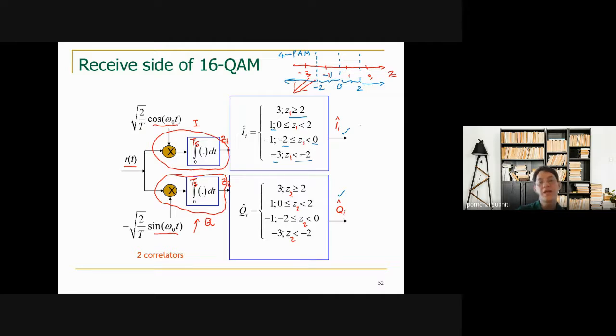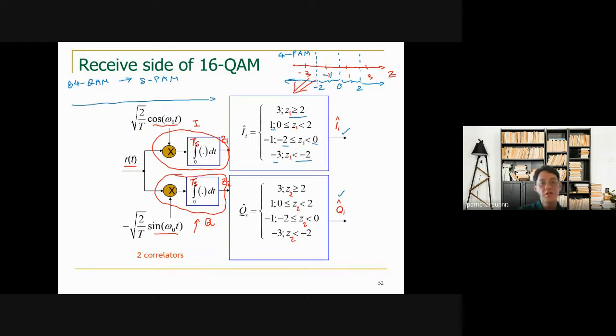You can guess that if I increase from 16 QAM to 64 QAM, I will have two sets of 8 PAM, each set modulated on cosine or sine separately.